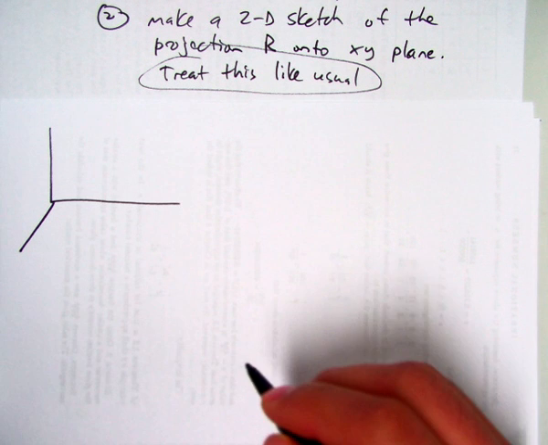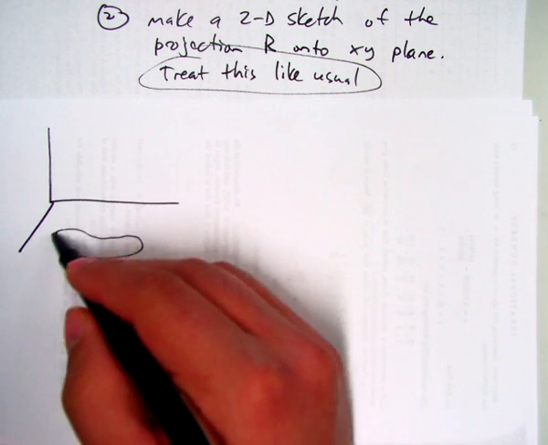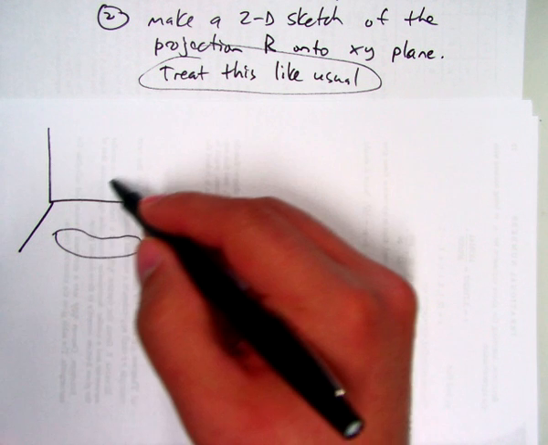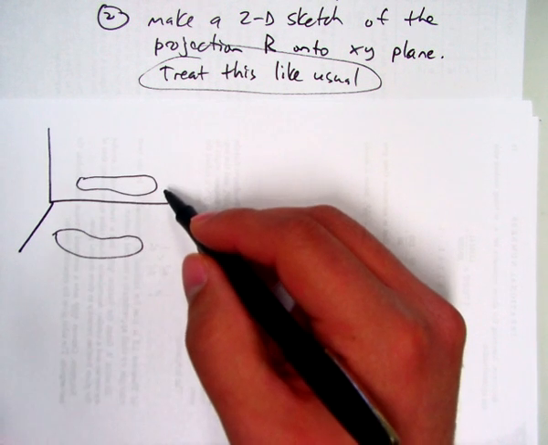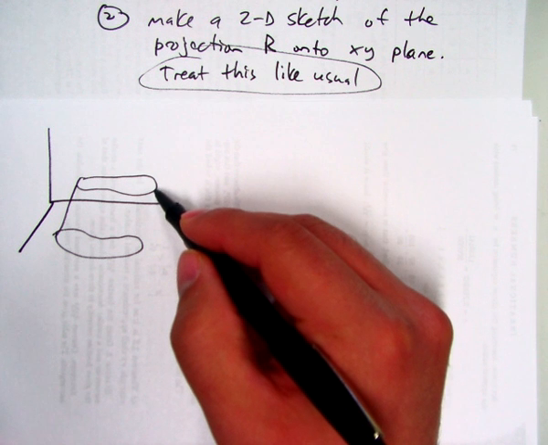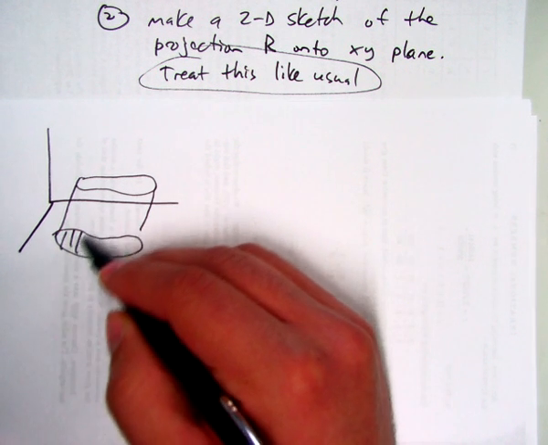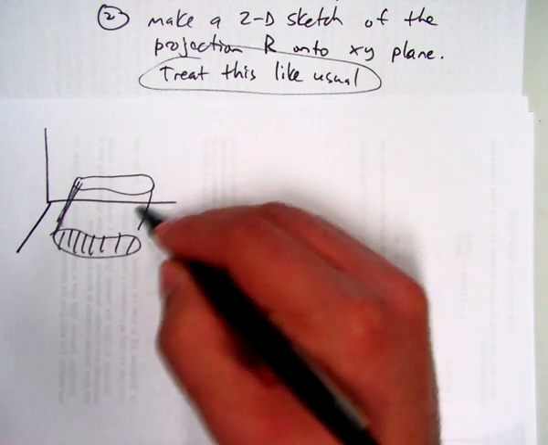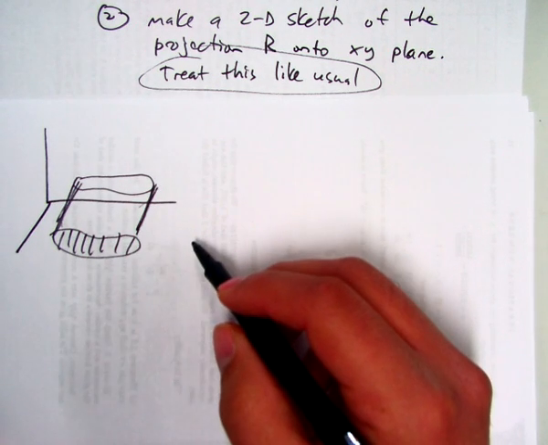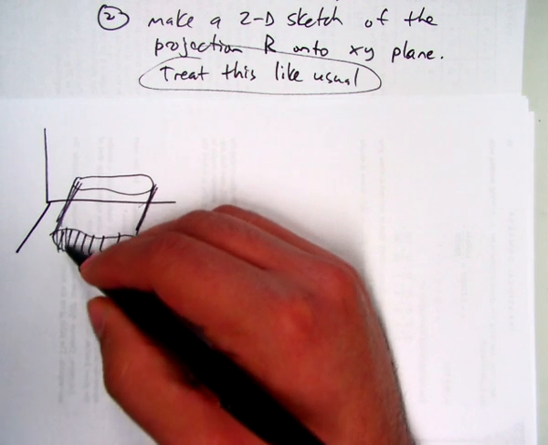So, for example, let's say we have, let's say that this is a completely vertical surface here, and so is this one.